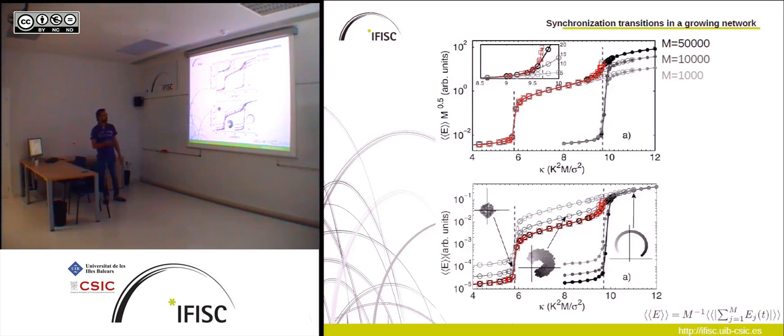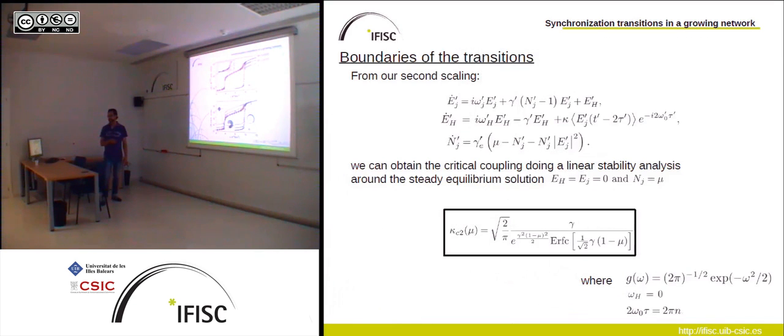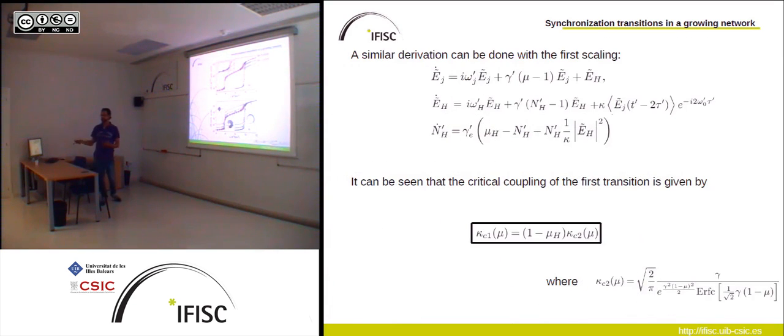And also we see that, depending on how you scale the order parameter, for the three values I'm showing here of the number of laser oscillators, it is almost independent of this m in this region, but above the second transition, it's not. It can be because it scales with another factor above this second transition.